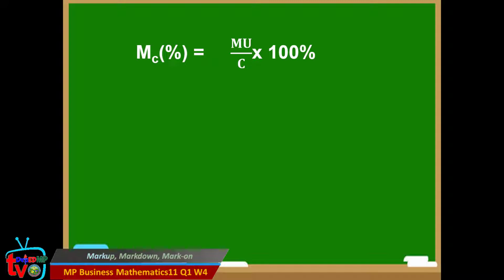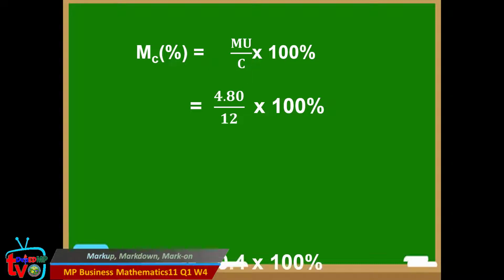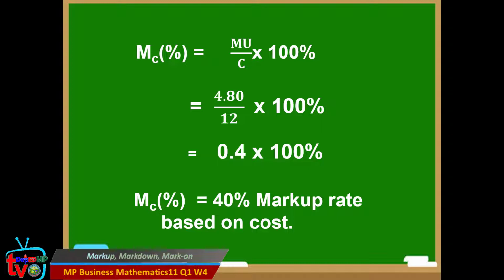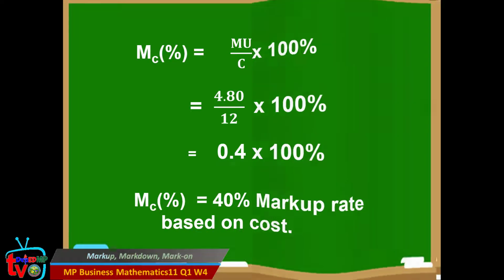So we use the formula markup over cost times 100%. The computed markup is 4 pesos and 80 cents over the cost of 12 pesos times 100%. So we have here 0.4 times 100%, which gives us a markup rate of 40%. That is based on cost.